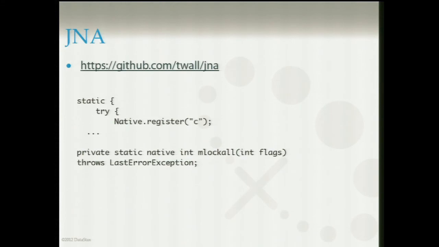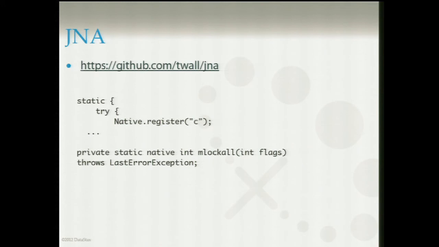Digressing a little bit about Java Native Access, this is what that looks like. Basically, you just declare what functions you need to call at the bottom here, private static native int mlockall, and then you just need to initialize the library that you're using with Native.register.